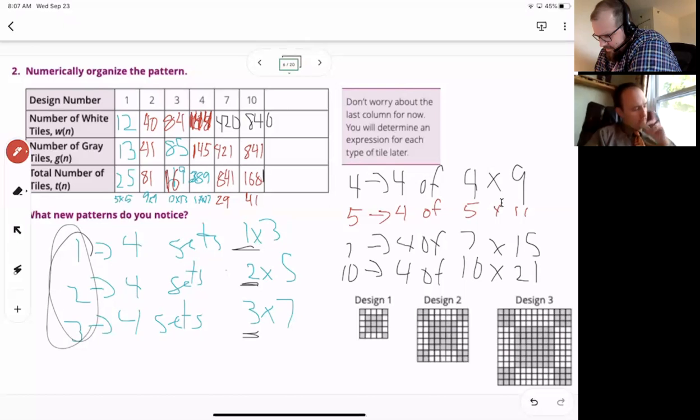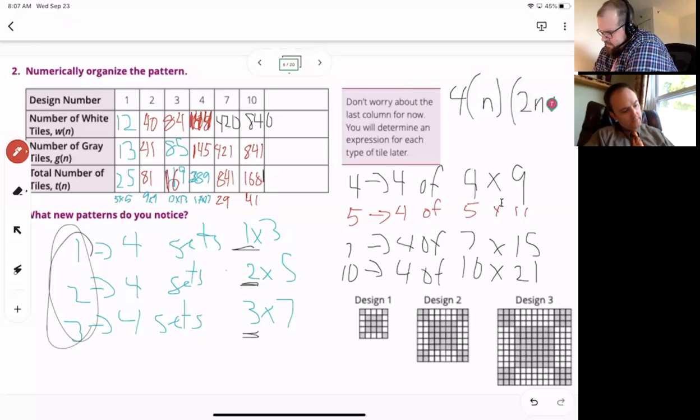So what you're saying is we figured out the white tile pattern where it was 4 times whatever the n value was times 2n plus 1. Right. That was for the white. And for the gray, it was that plus 1.